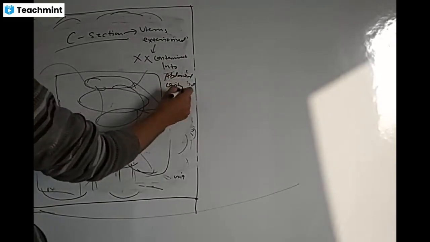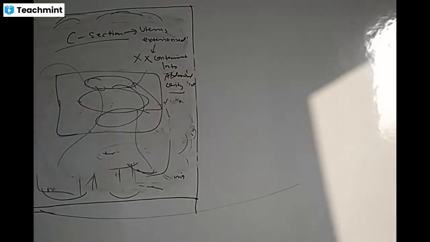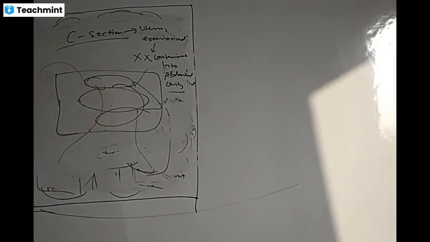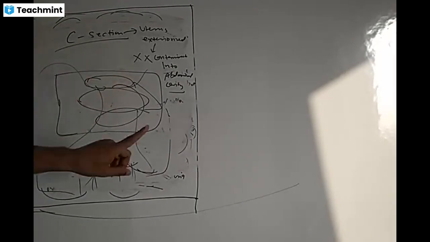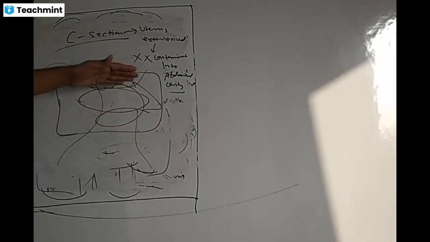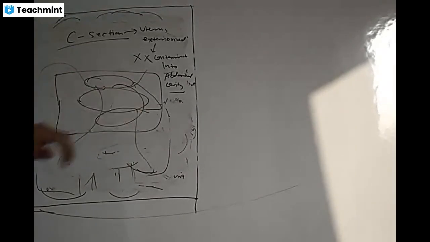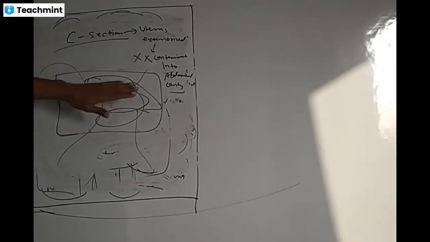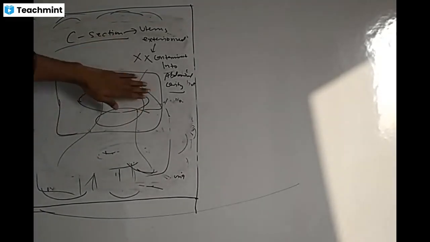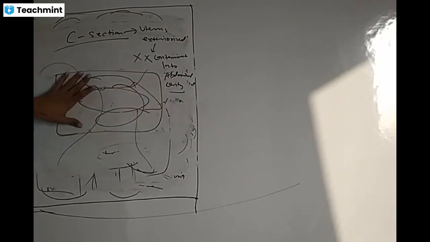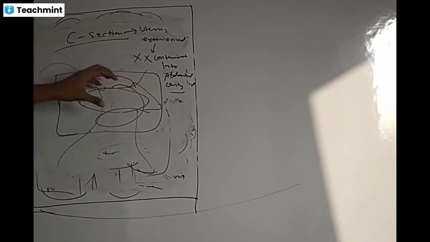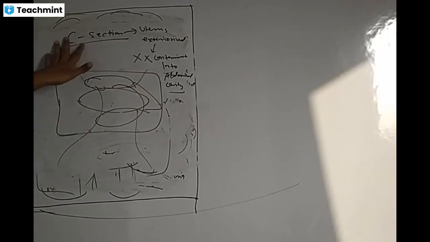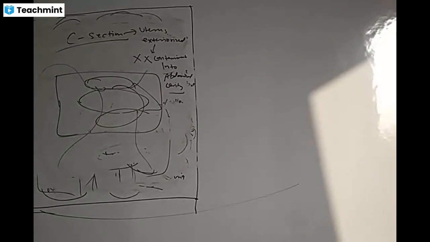In this case, we have entered one cavity, that is the uterus, but we are not allowing the content of the uterus to get spilled into the abdominal cavity. So we exteriorize the uterus, we apply drapes on all sides, and we make an incision over the uterus and bring the puppies out. So this is the clean contaminated surgery.